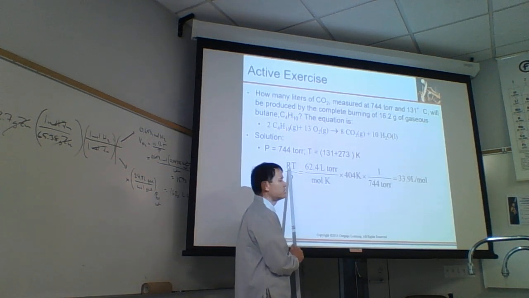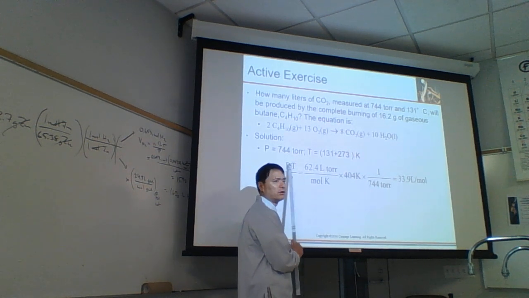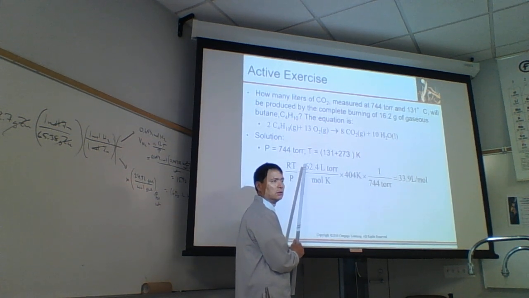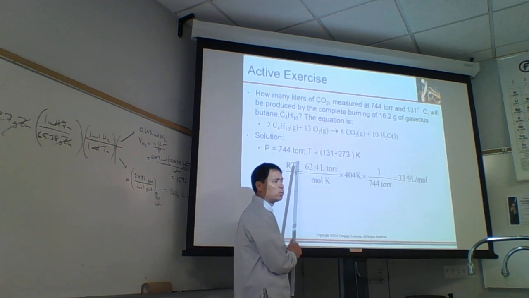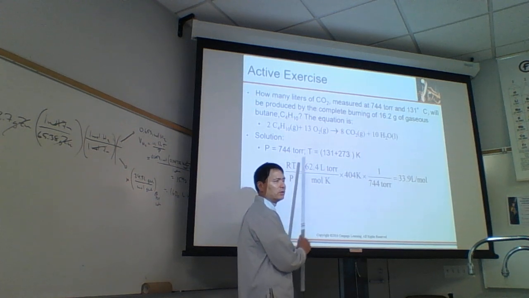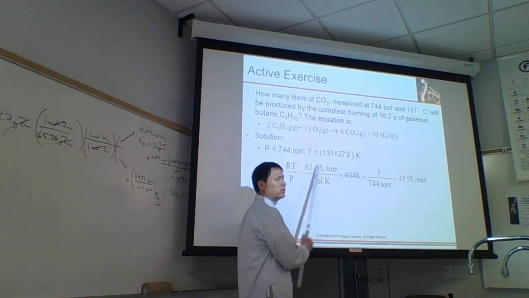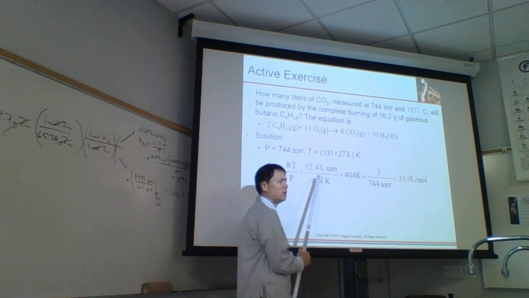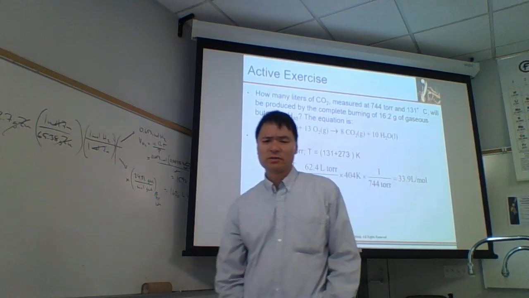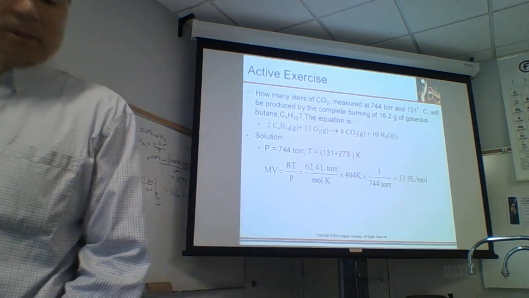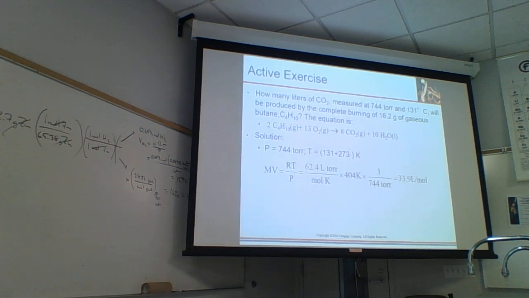So for example, he has a different R value for torr, he has a different R value for bar, etc. I just want you to remember one R value, and then if we're given torr, convert it to atmospheres. If we're given bar, convert it to atmospheres, rather than having multiple R values and just remembering those. It's kind of a hassle. And so I would have done this calculation differently.